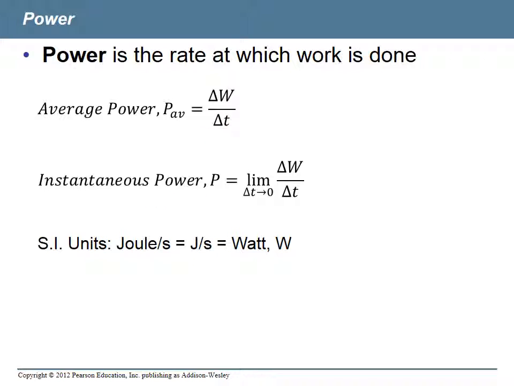Or instantaneous power would be the change in work over the time, but as the time gets closer and closer to zero, it's the instantaneous power. The SI units for power: work is in joules, time is in seconds, so it's in joules per second, which is defined as a watt. So a watt is 1 joule per second.